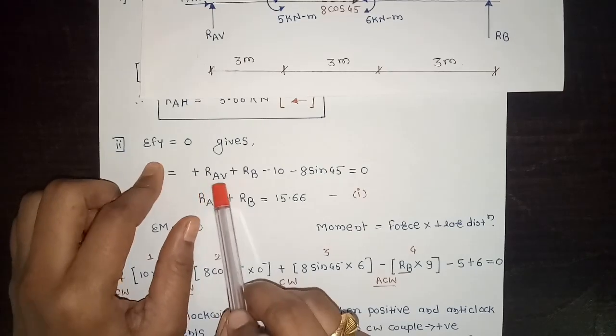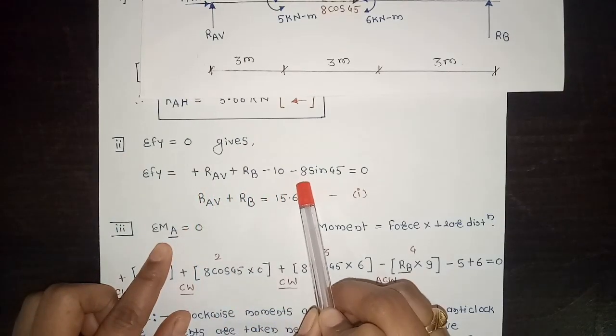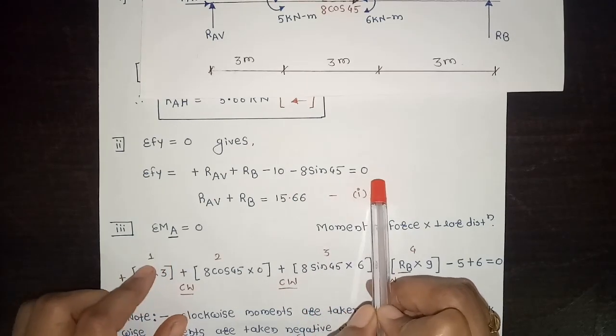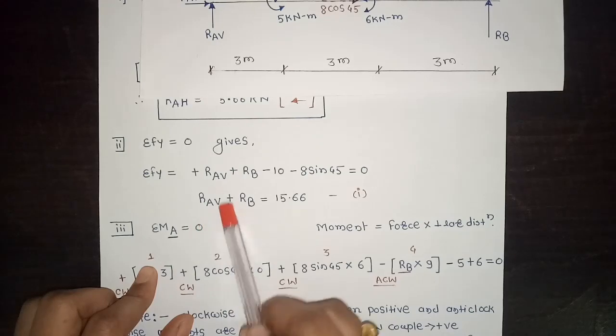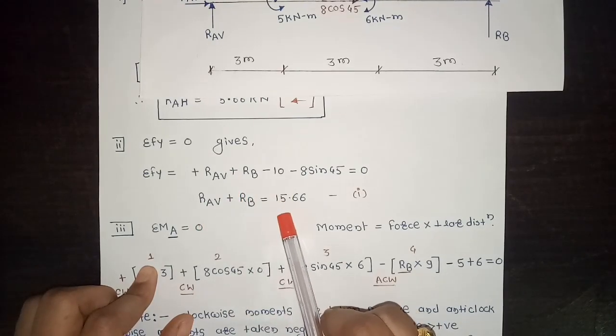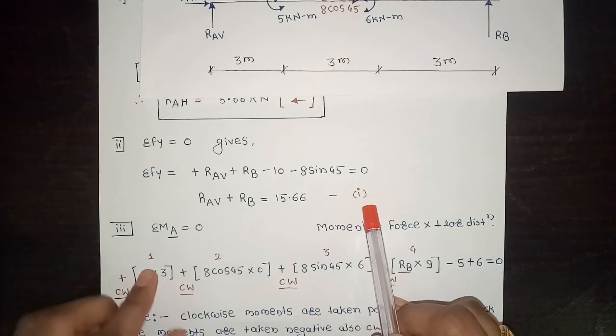See here, RAV plus RB minus 10 minus 8 sin 45 is equal to 0. Then RAV plus RB is equal to 15.66. This is equation number 1.